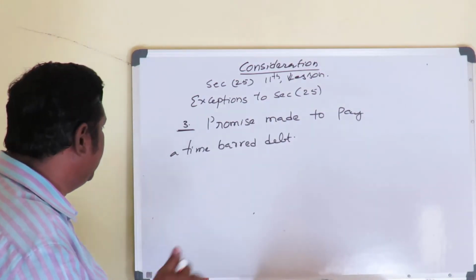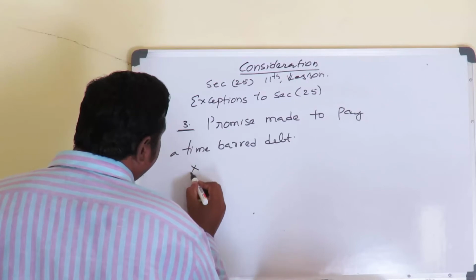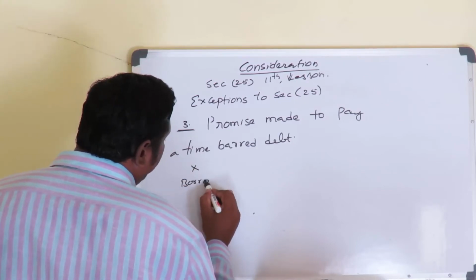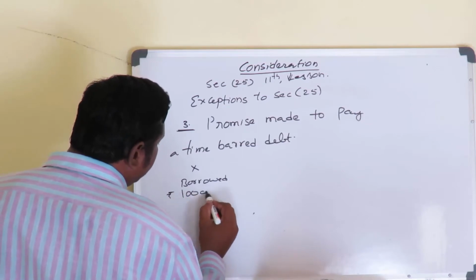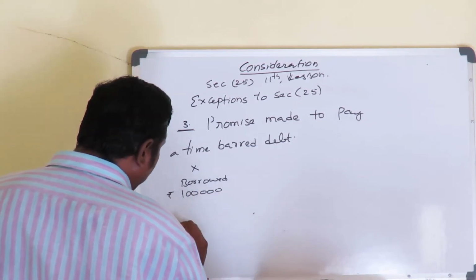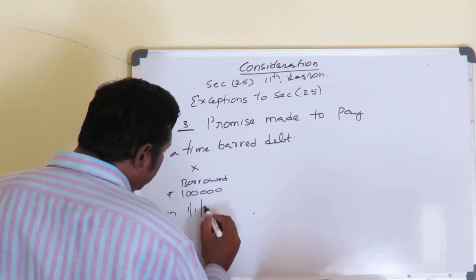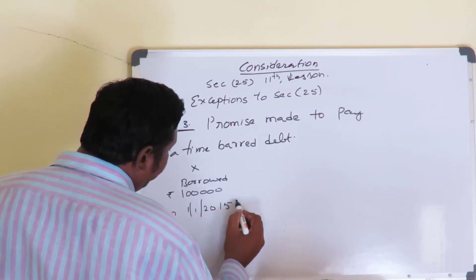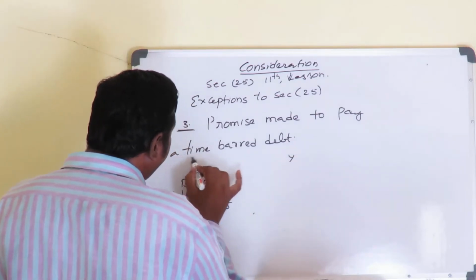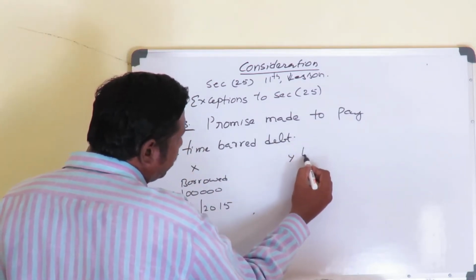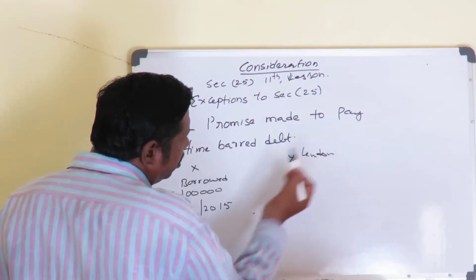Now, see here. Mr. X borrowed rupees 1 lakh on 1/1/2015 from Mr. Y. Thereby, he is the borrower and Mr. Y is the lender.